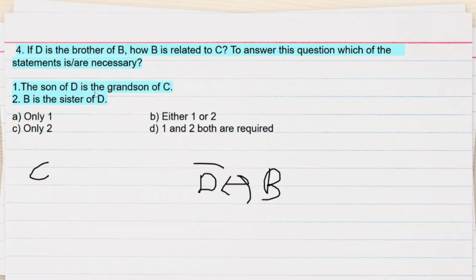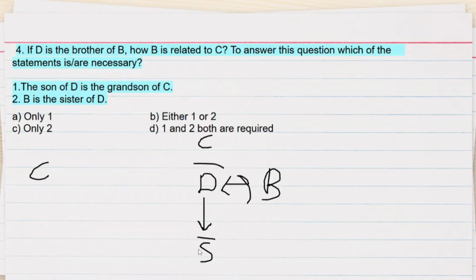So C is some person here, who is not related in the statement given in the question. So we will see the first statement. The first statement says the son of D is the grandson of C. Son of D is the grandson of C. Grandson of C means C is the father or mother of D, it could be anything, right?